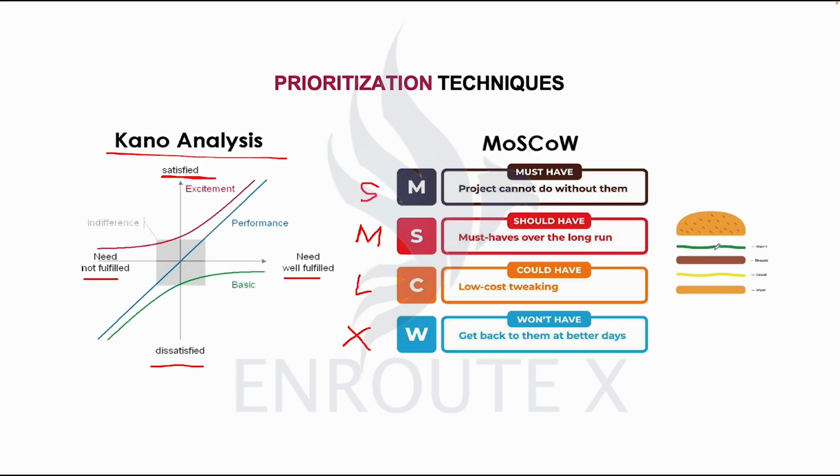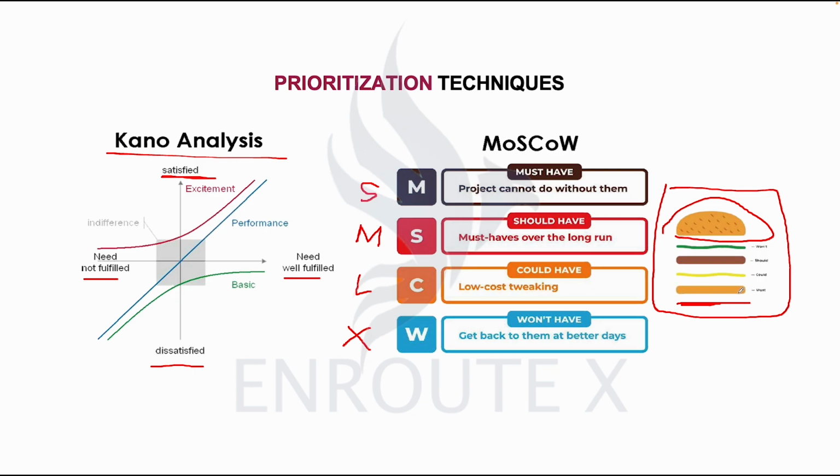And you can see the sample of the burger on the right side of the slide. You can see the different layers. You can see the bread portion of the burger. The layer below is the must have. There would be no burger if you don't have the bread lower layer.